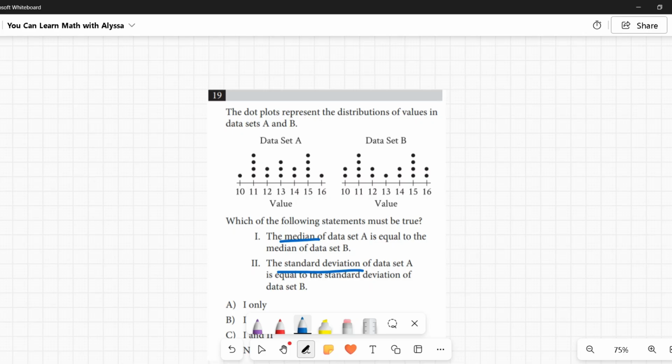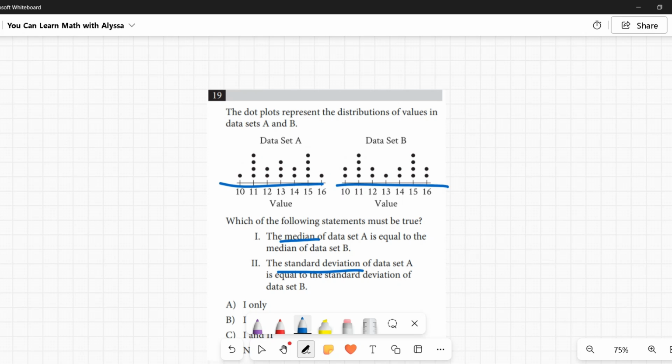Anyway, I digress. Okay, so the median is going to be the number that's physically in the middle. Now we can count the number of values that are in this, but we can also just kind of look at it because both of these data sets are symmetrical. Here we have this shape, and that's symmetrical, and then this one, that's symmetrical. I know the lines I drew were not symmetrical, but you get the idea.